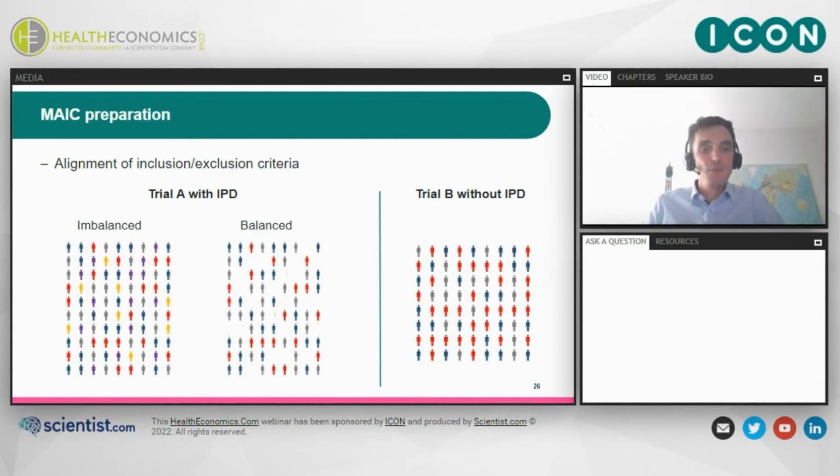There are often situations where you have individuals with specific characteristics in your trial, shown here in yellow or purple on the left-hand side, and these individuals would not have met the inclusion criteria of the comparator trial B. For example, this trial B only enrolled individuals shown in blue, red, and gray. So ideally, before you do the actual MAIC, you should think about excluding such individuals from your analysis as a first step in order to improve balance.